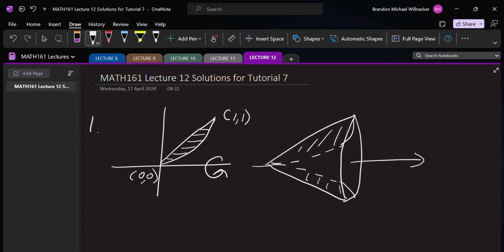We can see from the axis of rotation to the parabola, that's going to be, yes? Oh, no, you don't need to do any of that. That's just for me to show you where the region went.